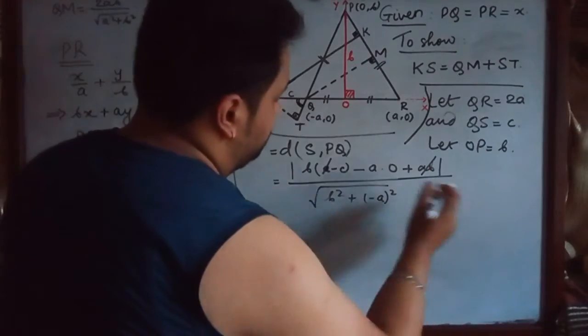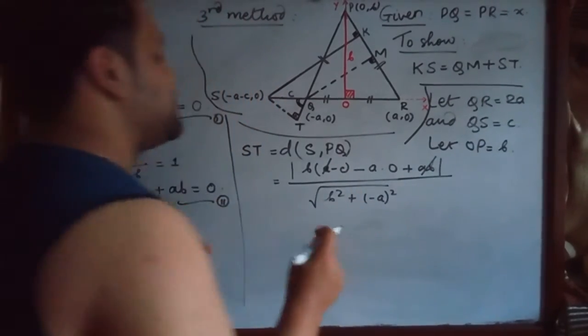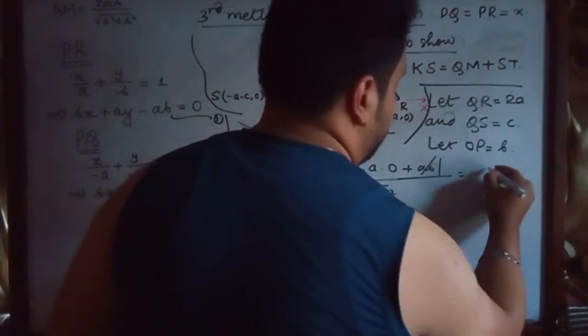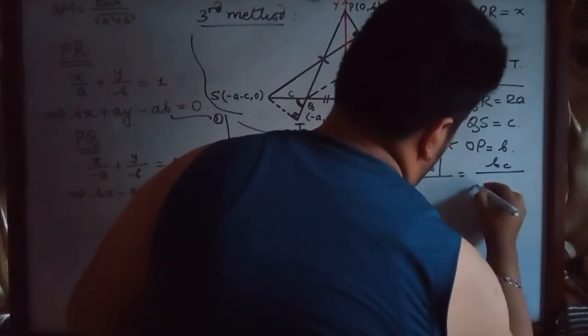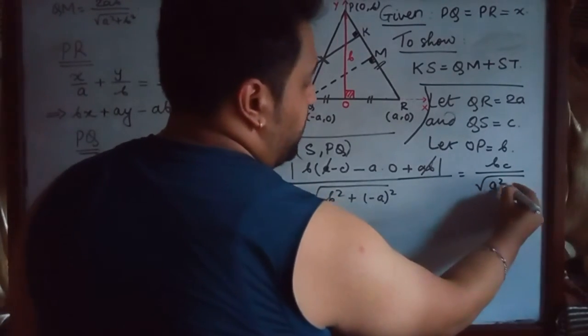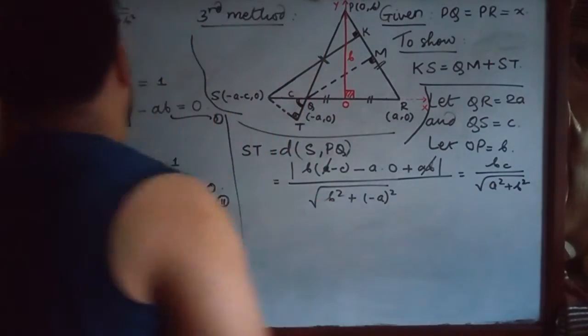This is already 0. Minus bc, and b and c are positive, so we can remove the minus sign and we'll simply get bc over the square root of a squared plus b squared. Okay?